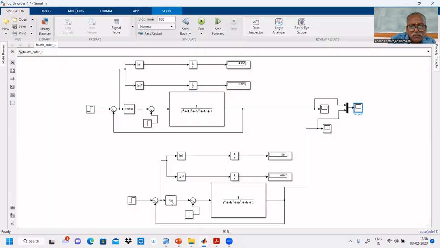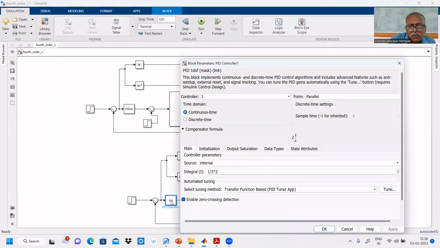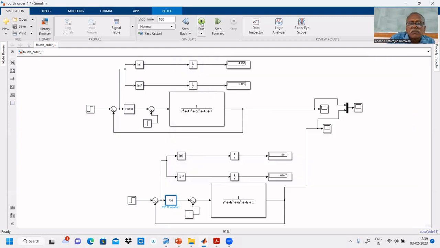Let us increase 1.5 times. We are increasing 1.5 times. So if you increase too much, it becomes unstable. Now it is stable.